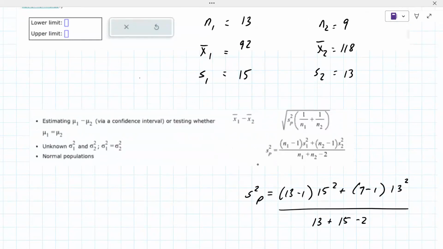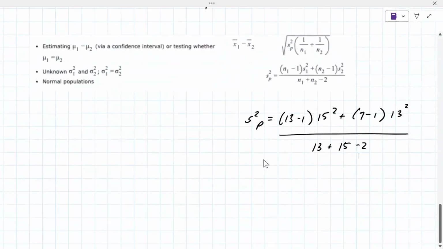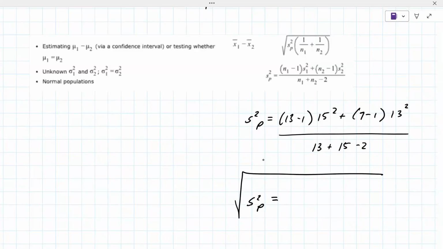Then when we get that number, we're going to take the square root of S2P times 1 over 13 plus 1 over 15. And then we need the degrees of freedom because of the t distribution. It's 13 plus 15 minus 2, which is 26.